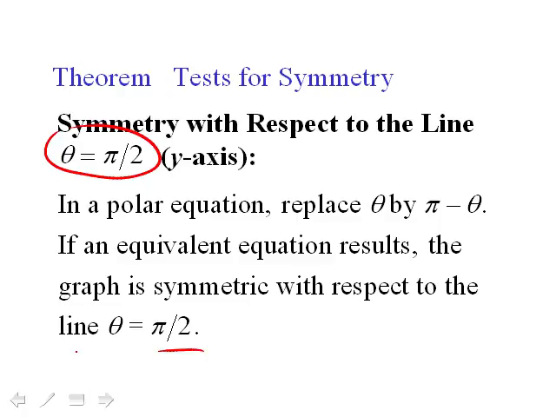What we're doing here is going through symmetries that you are used to looking for in Cartesian coordinates, described as symmetry about the x-axis or the y-axis, and we just have to say what that means with points in the plane denoted with polar coordinates.